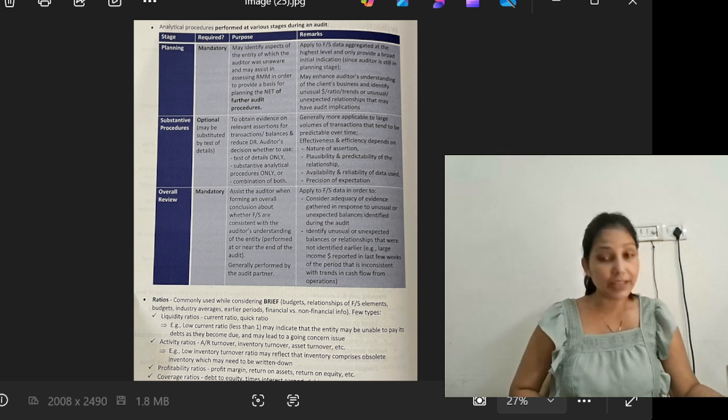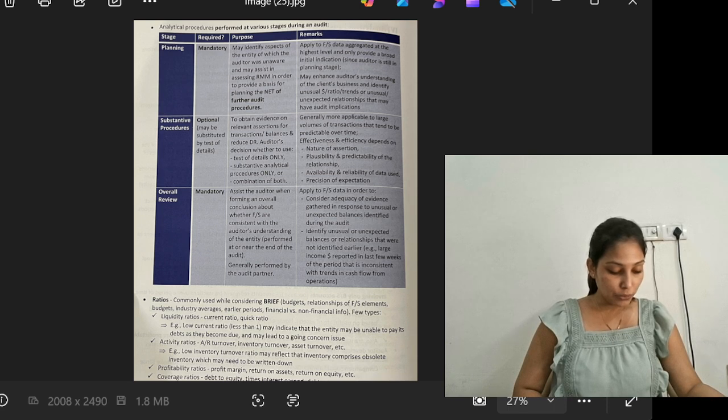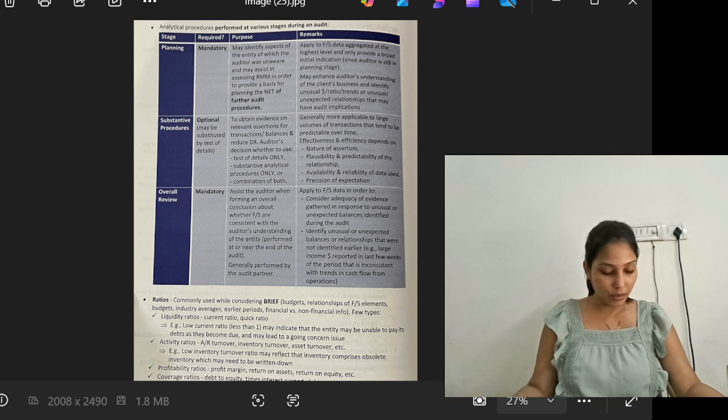Now let's come to the ratios. Ratios are part of the analytical procedures, commonly used while considering budgets, relationships, and all those things we have understood in analytical procedures. There are broadly 4 ratios: liquidity ratios, activity ratios, profitability ratios, and coverage ratios.